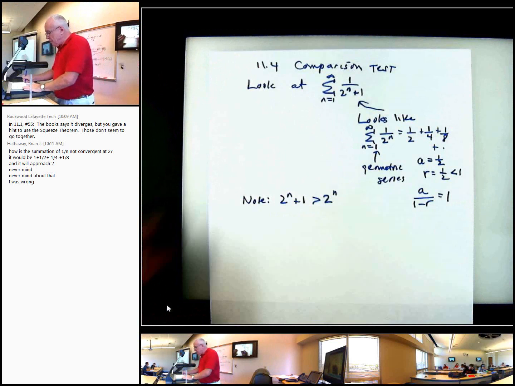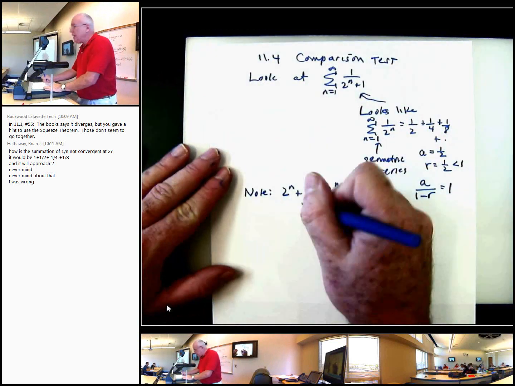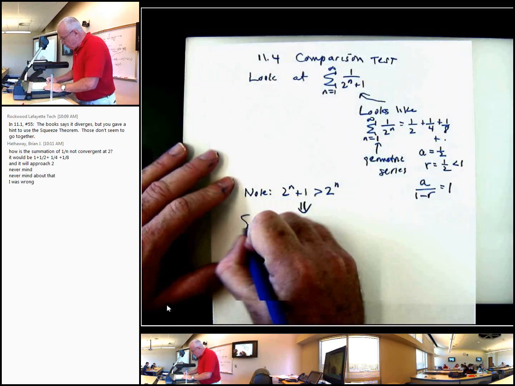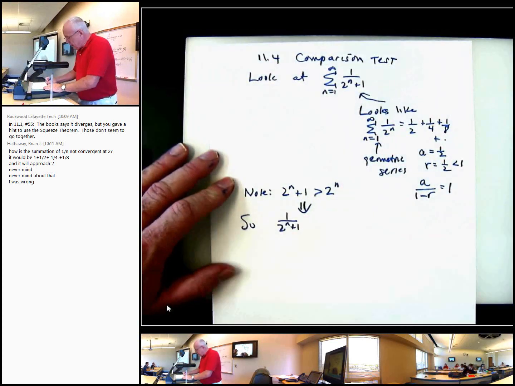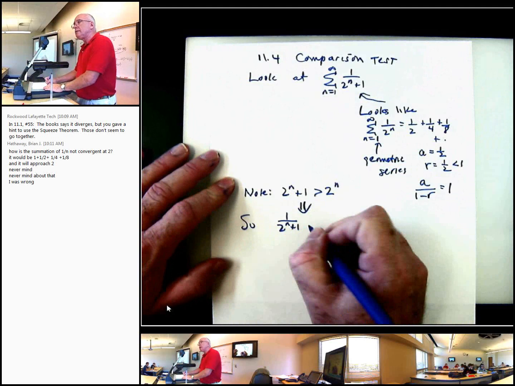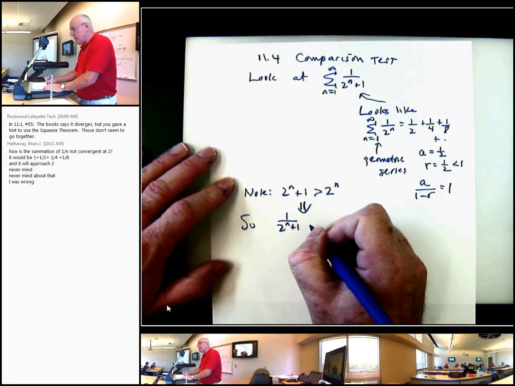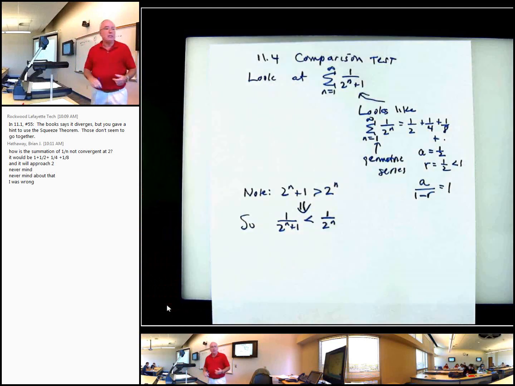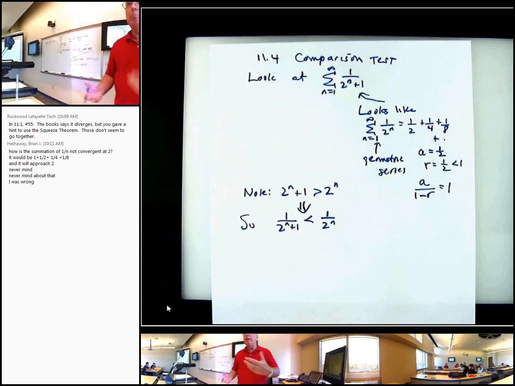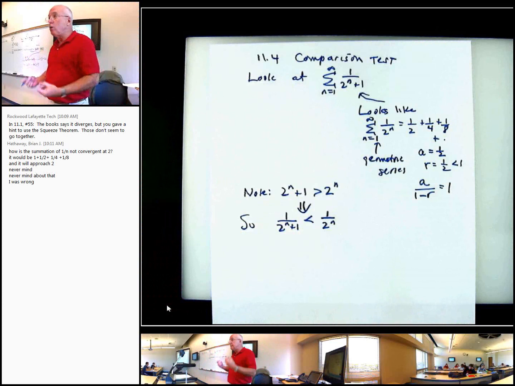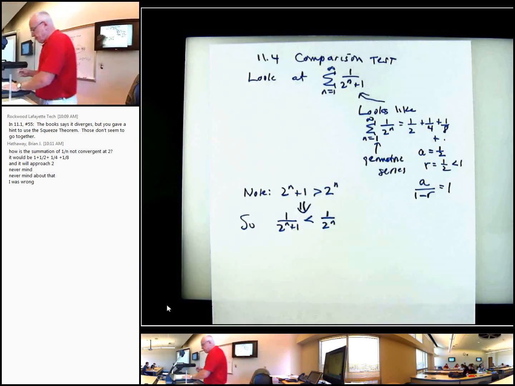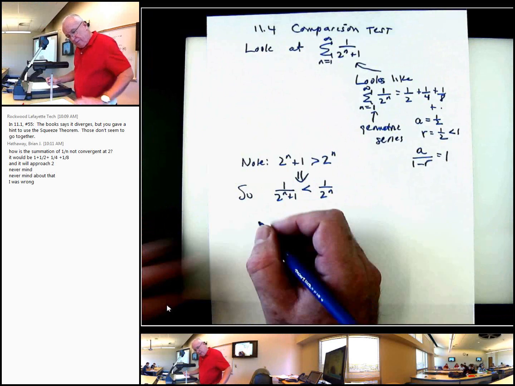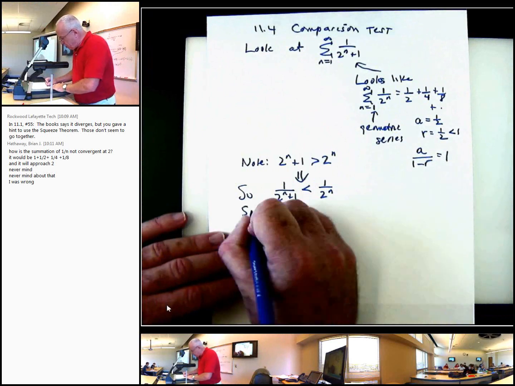So, if something is bigger than something else, and we flip it down into the denominator, so 1 over 2 to the n plus 1 is going to be less than 1 over 2 to the n. Using the basic fact that if we're dividing by a bigger number, we get a smaller number, all right? So, therefore, the sum here, so the individual terms are smaller.